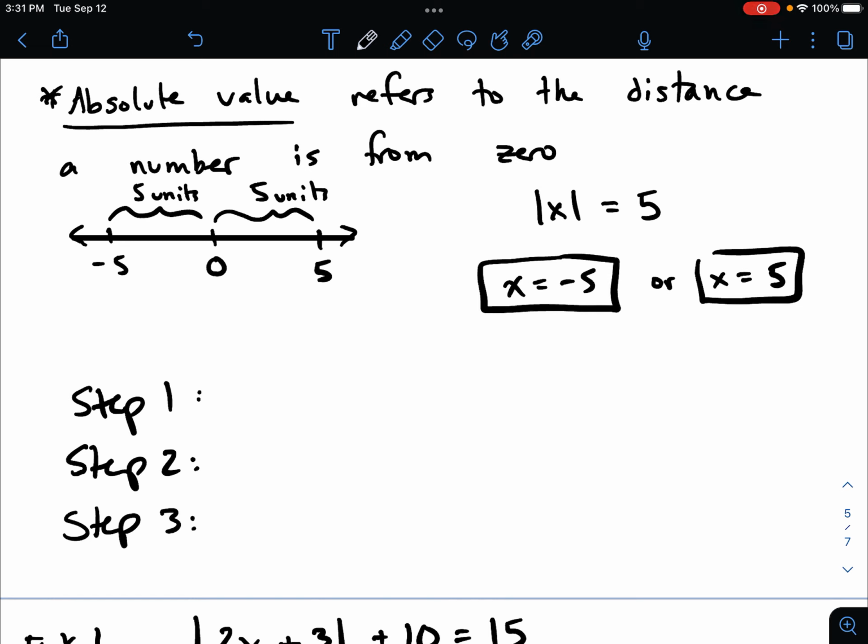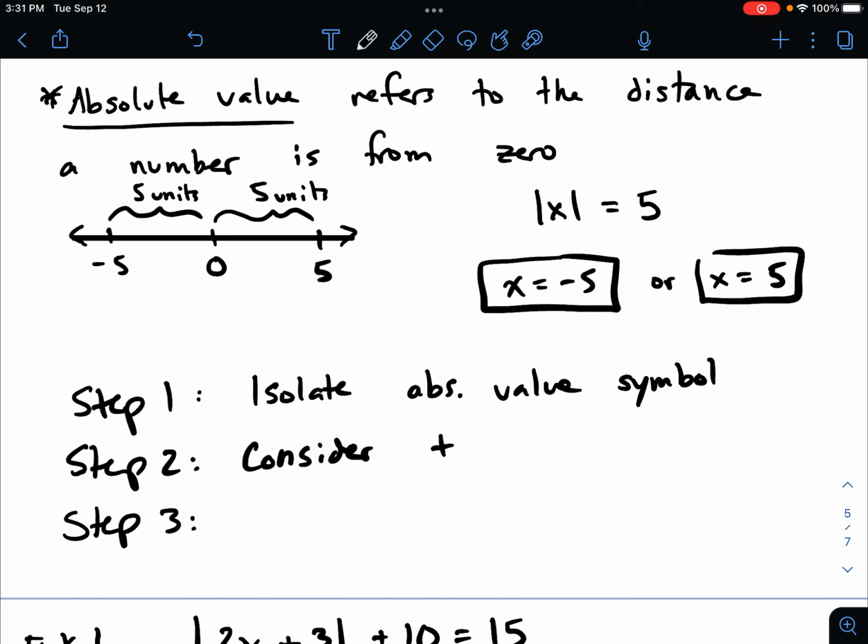So step one when we're solving an absolute value equation is to isolate the absolute value. Once you've isolated the absolute value, using division or addition or subtraction, multiplication, any of those operations to isolate it, you are then going to consider the positive and negative distances.